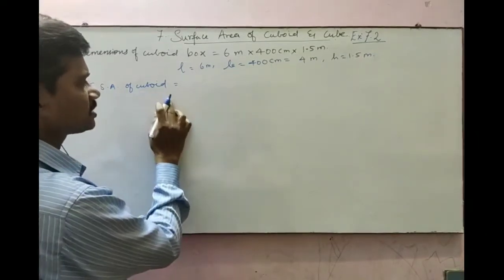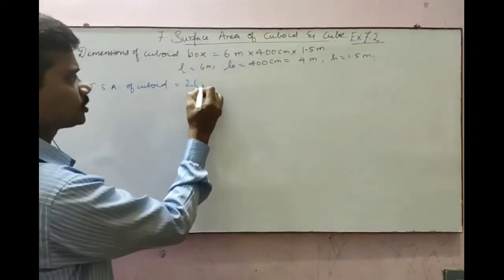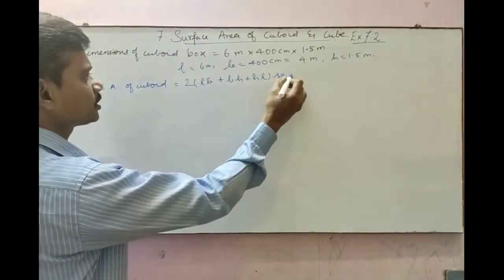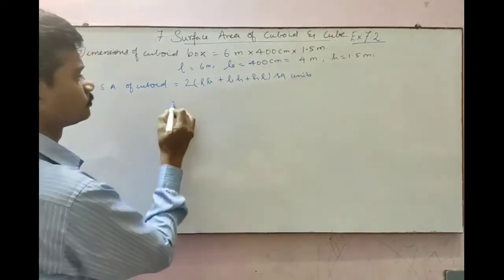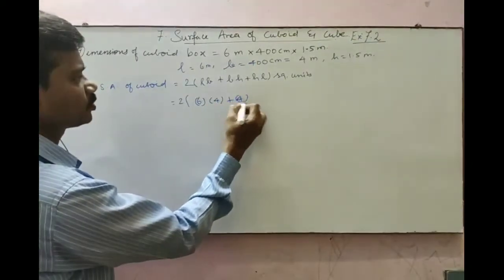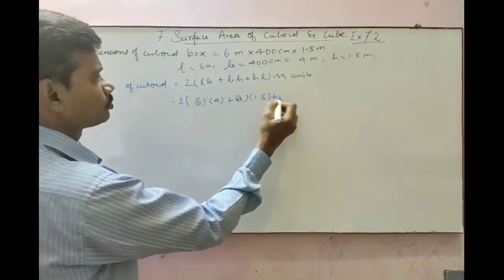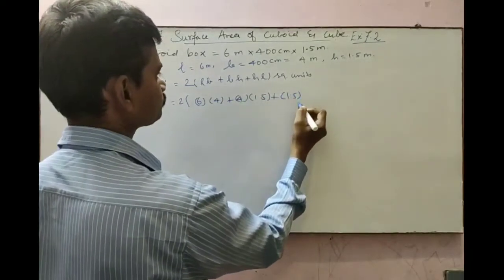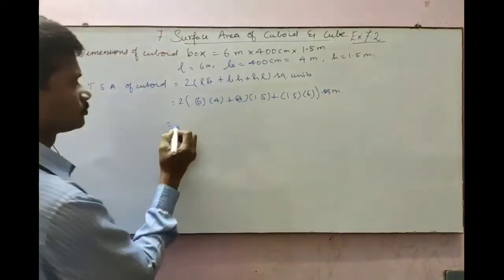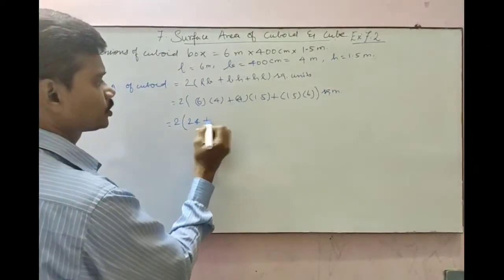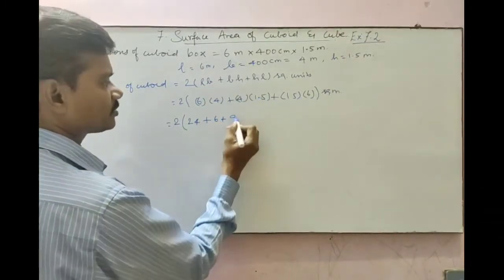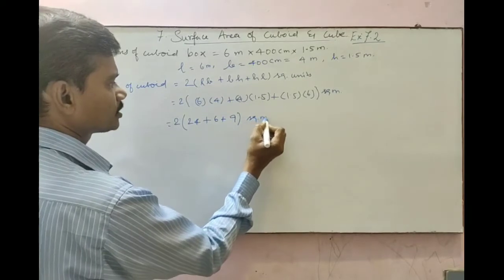So we have to find the TSA. So the formula is 2 into L into B plus B into H plus H into L square units. 2 into L into B is 6 into 4 plus 4 into 1.5 plus 1.5 into 6 square meter. 2 into 24 plus 4 into 1.5 gives 6 plus 6 into 1.5 gives 9 square meter.